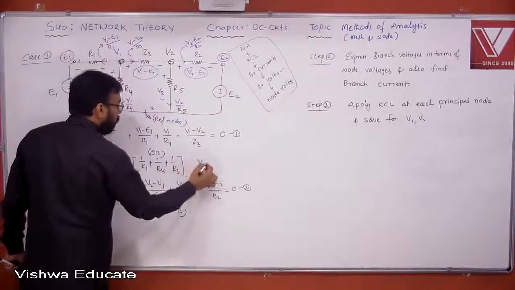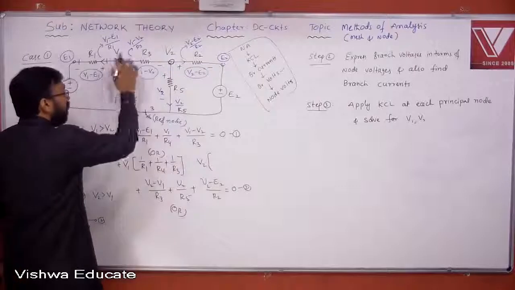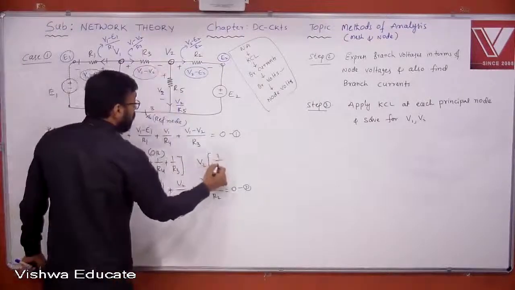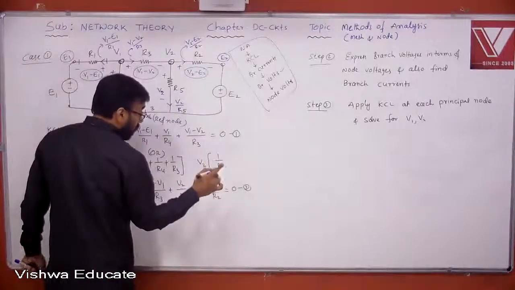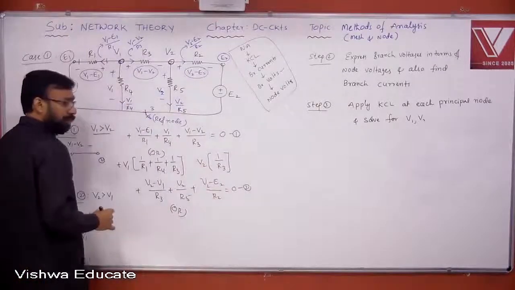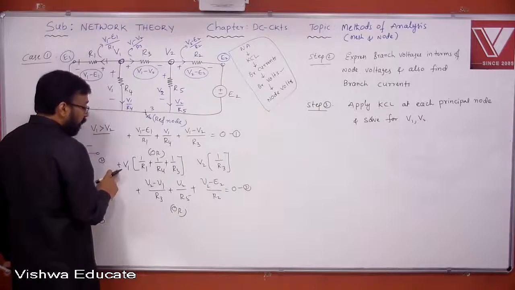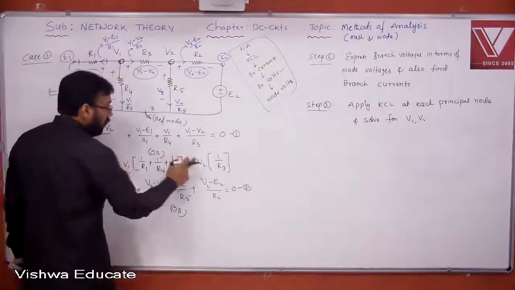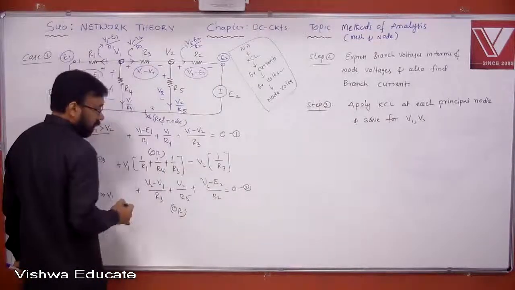Now, V2: the common element between the first node and the second node, and its reciprocal. I want conductance, not resistance, okay? 1 by R3. And most importantly, the predefined sign is plus, so here it will definitely become minus.